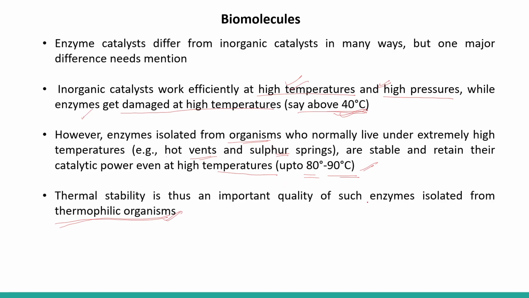In those organisms, the enzymes are not destroyed. The enzymes have been isolated from those organisms, so the enzymes withstand such a high temperature. But these are some exceptions. It doesn't occur in all organisms. Normally, above 40 degrees centigrade, the enzyme gets destroyed.